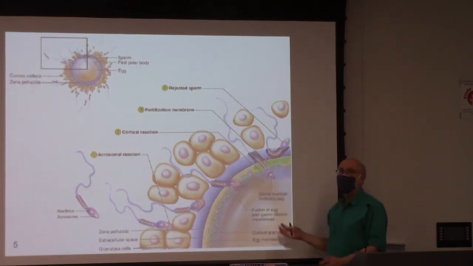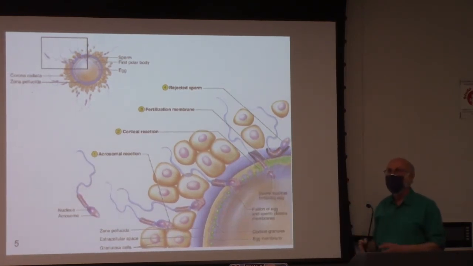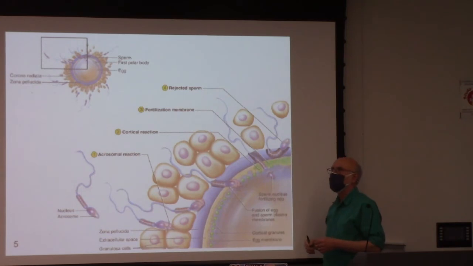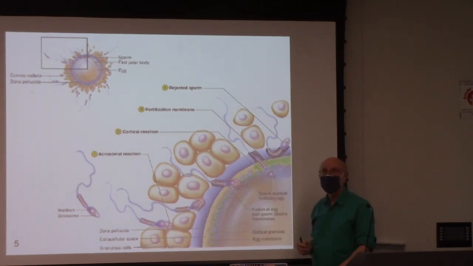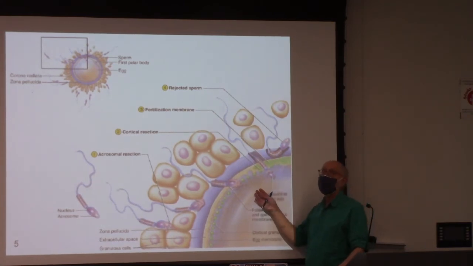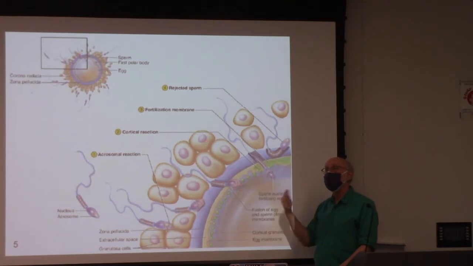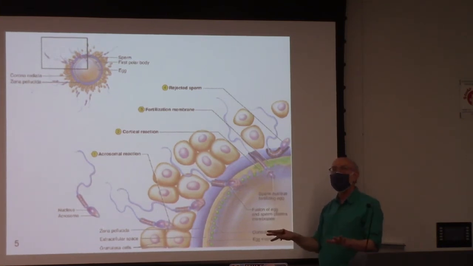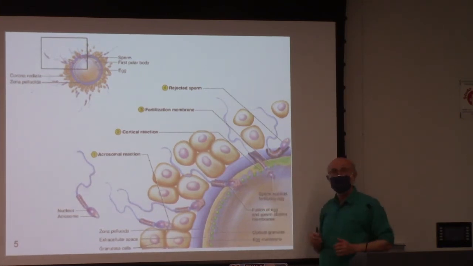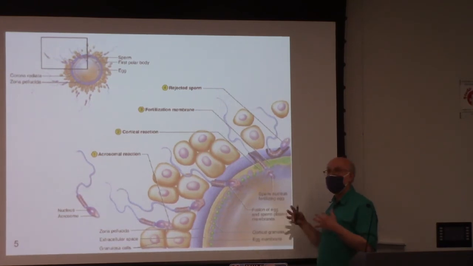The sperm is then drawn into the oocyte by the cytoskeleton. That triggers the second meiotic reaction. Remember, those oocytes had gone through meiosis 1, but then they were waiting for this happy day to get fertilized, and now they undergo meiosis 2.